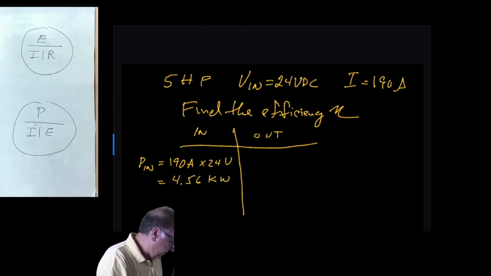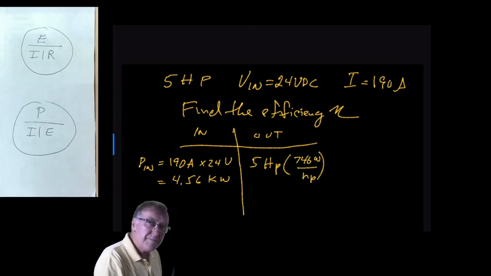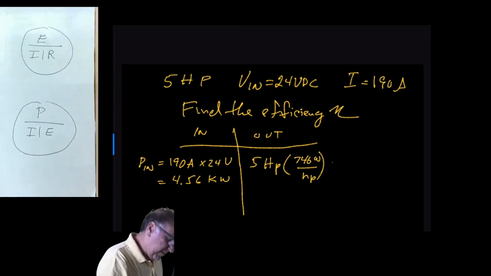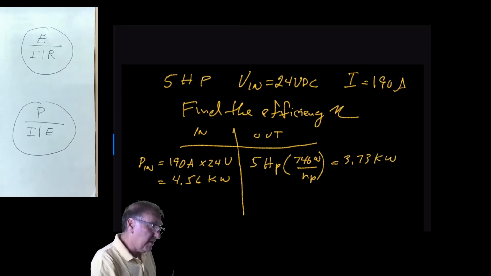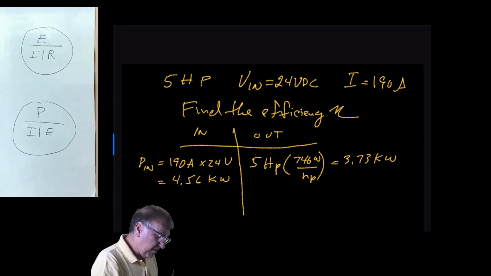And our output power is 5 horsepower times 746 watts per horsepower, and that equals 3.73 kilowatts. And what we've done in effect here is we've transitioned from the electrical to the mechanical.